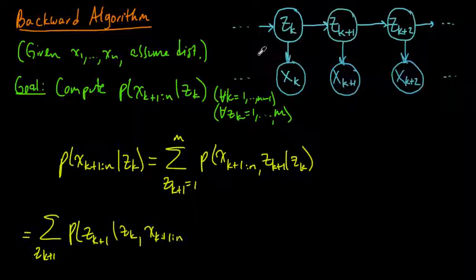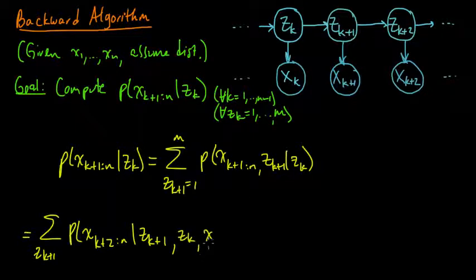So let's try something a little bit different here. Let's try to get something like this first. Let's try to pull off xk plus 2 to n given zk plus 1. So we're going to do it for the next higher k. We're going to condition on zk plus 1 and xk plus 1. We also still have zk hanging out here.